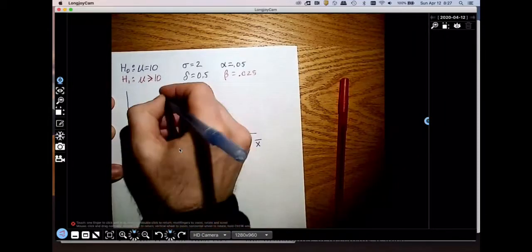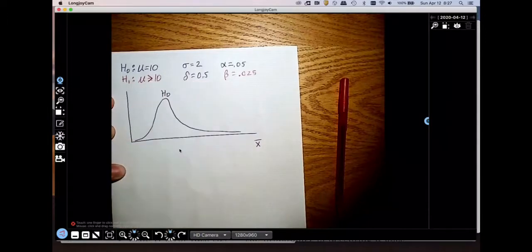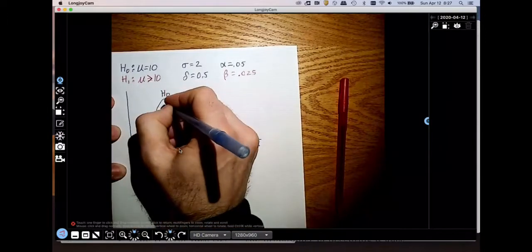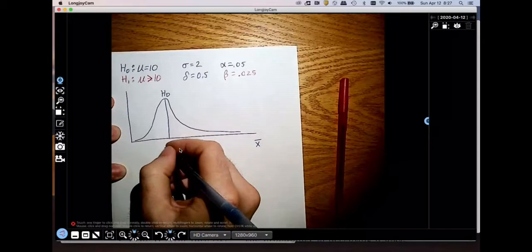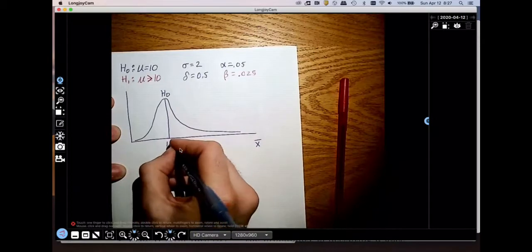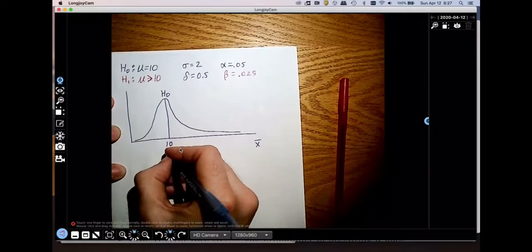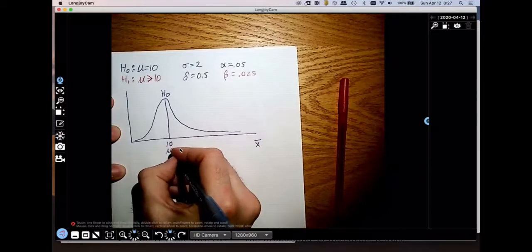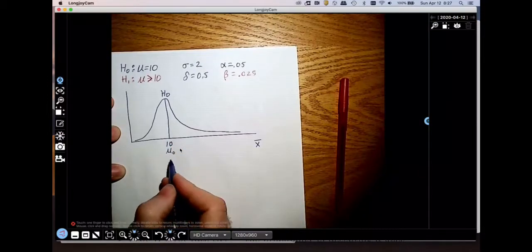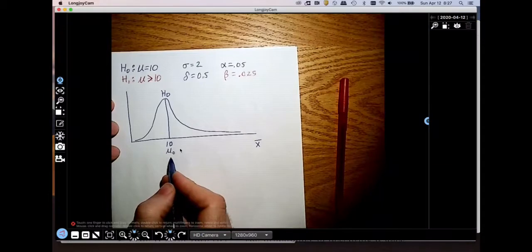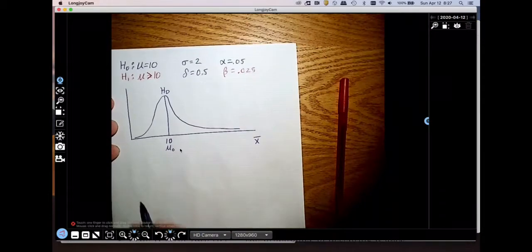All right, so this is my distribution under H naught, and the mean of this distribution is going to be 10. Now, just to foreshadow, we're going to be calling that mu naught, which is the mean under the null hypothesis.